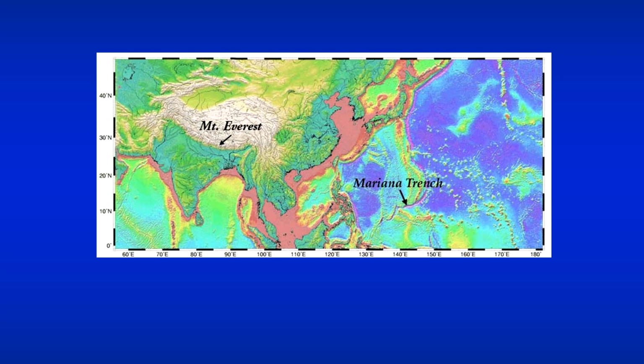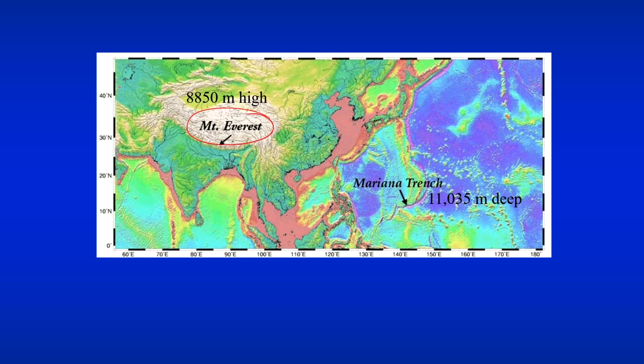Now, we have been discussing for a long time that plate motions and plate tectonics have given rise to two locations in terms of height and depth on this planet. One is the Mariana Trench and the other is the highest point on this planet. The Mariana Trench is around 11,035 meters deep, and you have Everest in the Himalayas, almost 8,850 meters high.